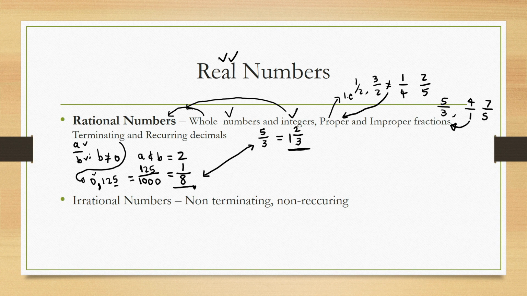And then when it comes to recurring decimals, it's basically a decimal again, a fraction represented involving a comma. It's a decimal that, number 1, does not terminate, and number 2, has a pattern after the comma.